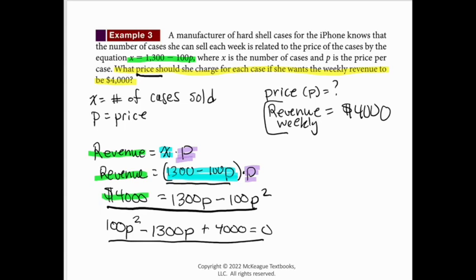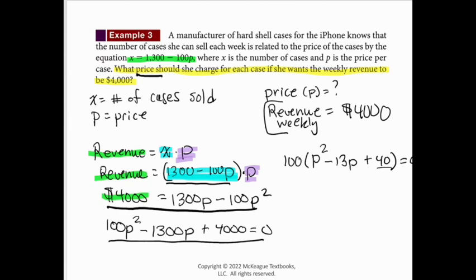I'm going to try to factor first. Now I notice that there's a 100 in front here, and I have all of these values that are divisible by 100. So I'm going to factor out the 100, and then what's going to be left is p squared minus 13p plus 40 is equal to 0.